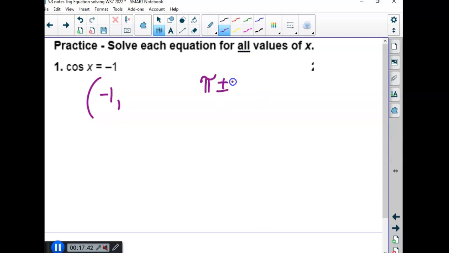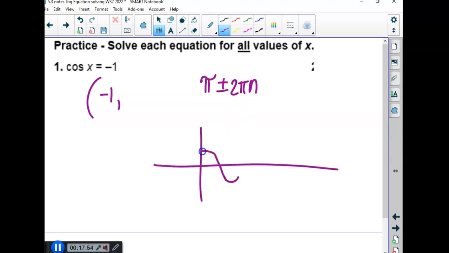Plus or minus 2 pi, every multiple of 2 pi. If we graph the cosine graph, guys, this is 2 pi, right? Another 2 pi.